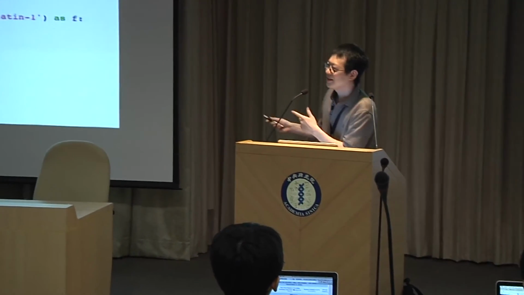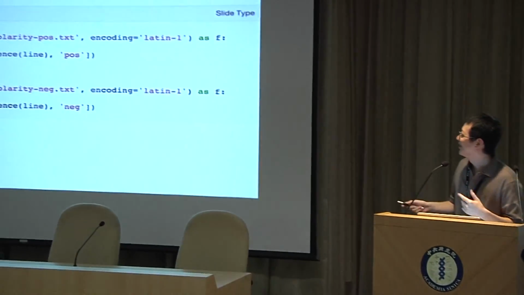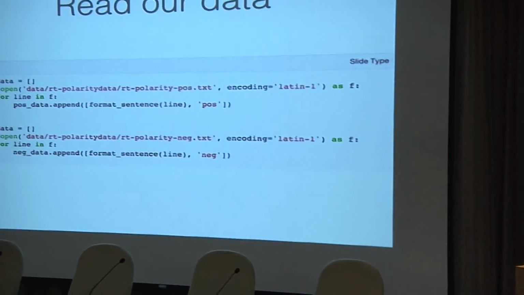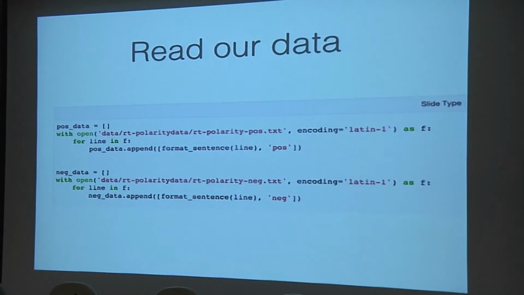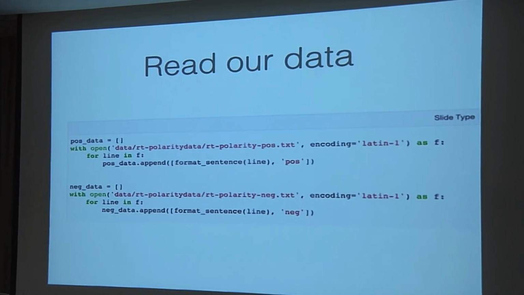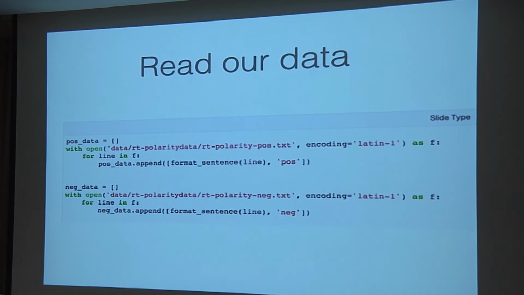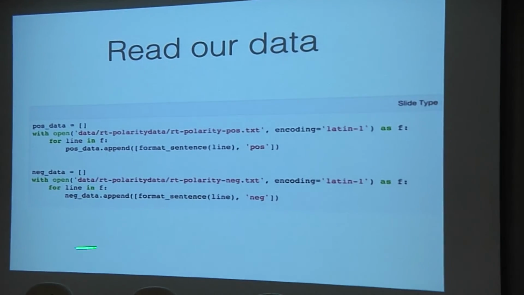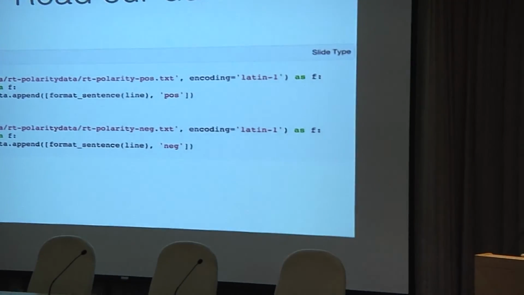And because the data is ASCII code and we're using Python 3, we have to use the encoding to transfer the text. And we separate the data to positive data and negative data. And when we read the data from that, we use the format sentence.